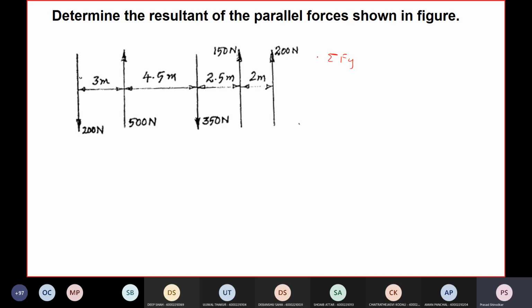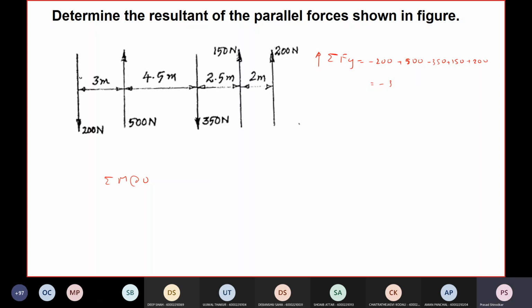Summation Fy, taking upwards positive, is equal to minus 200 plus 500 minus 350 plus 150 plus 200. Okay, so calculate. Minus 700? Not 700.